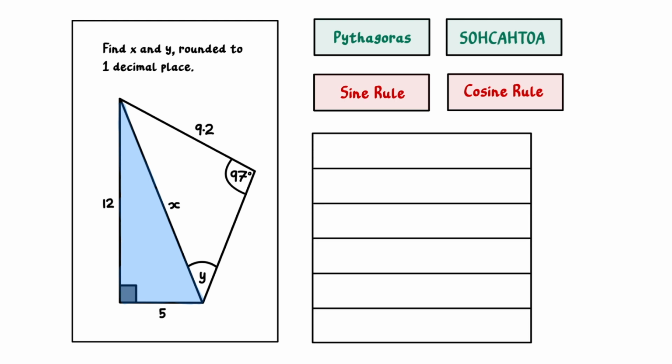Since our triangle contains a right angle, we'll want to use Pythagoras or SOHCAHTOA. Focusing on the sides, we'll notice that all three sides are involved. This is the perfect setup to apply Pythagoras.